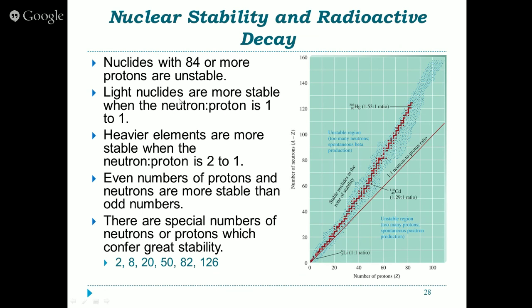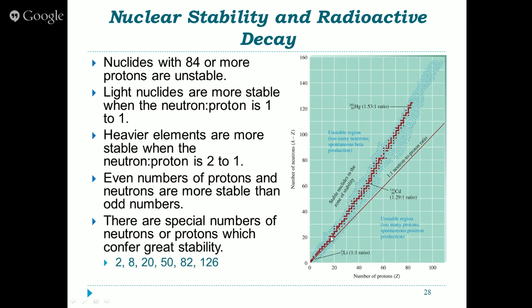Light nuclides are more stable when the neutron to proton ratio is 1:1. So for elements up to, say, atomic number 20, 23, let's see here. If we look down here, we see a 1:1 ratio and we follow it pretty well. Yep, up to about 20. So the number of protons is 20, which means we're going to have an equal number of electrons.